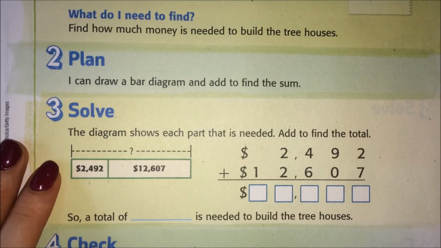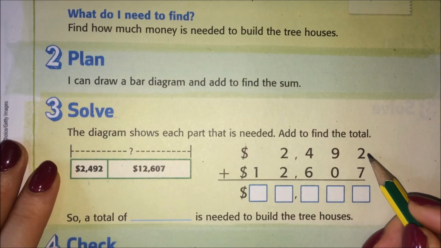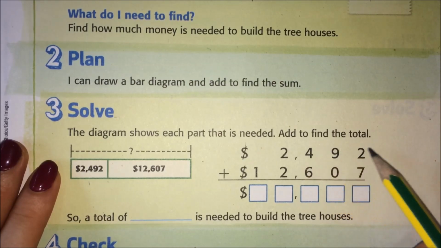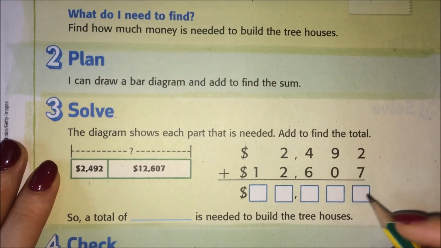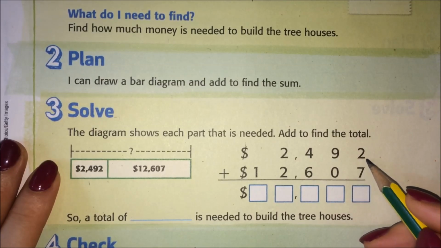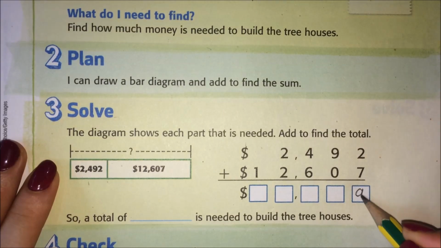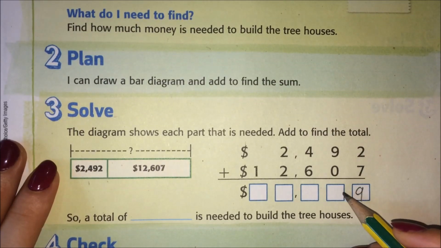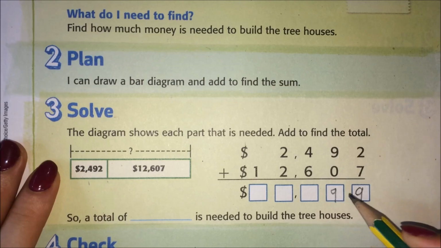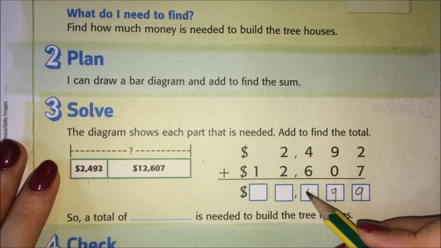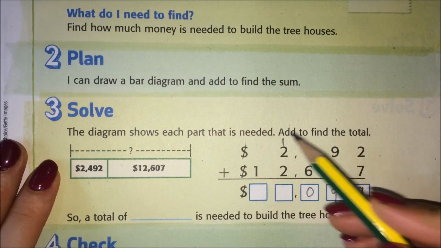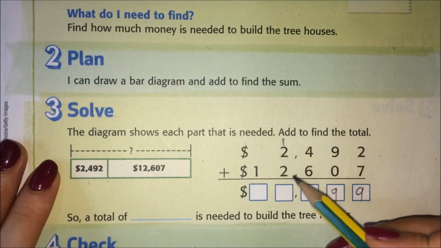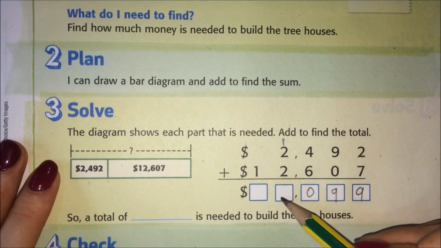Okay, now all that's left to do is to actually add. Make sure when you're writing an addition problem or subtraction problem, you make sure all the digits are lined up properly according to place value. 2 plus 7 is 9. 9 plus 0, 9. 4 plus 6 is 10, so leave the ones place, carry the tens place. 2 plus 2 is 4, and don't forget the 1, so that's 5.